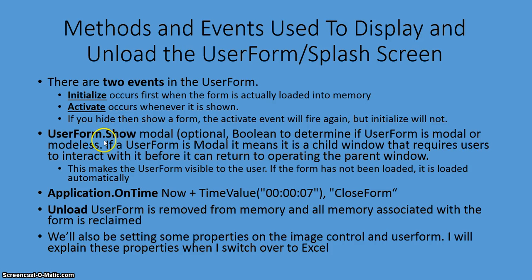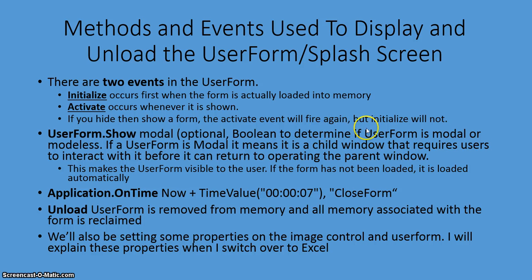We're also going to be utilizing the show method of the user form control. The show method has an optional argument or parameter that you can pass it. This parameter is of type Boolean, which means you pass it either true or false.